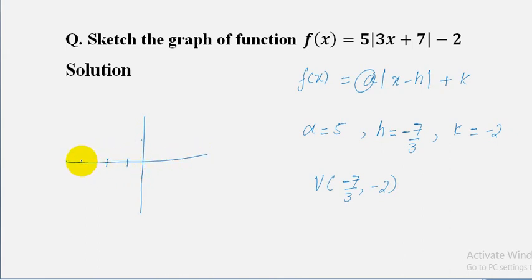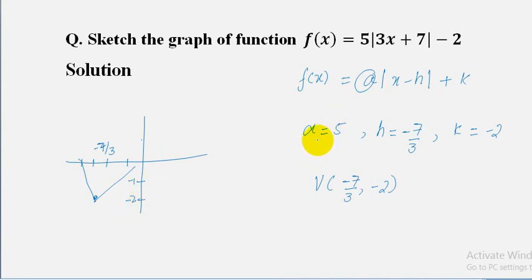Minus 1, minus 2, minus 3; minus 7 upon 3 is minus 2.3, and this line is y equal to minus 2. So this is our vertex, and the graph of the function looks like this, as absolute value function graphs are V-shaped.